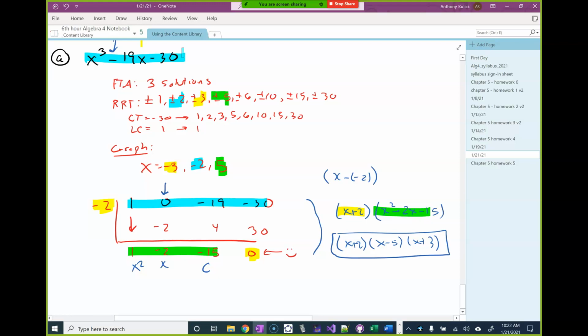So let's say we want to do this. So how many solutions can we have here? It's going to be the same as the degree for the polynomial. So 4 solutions.